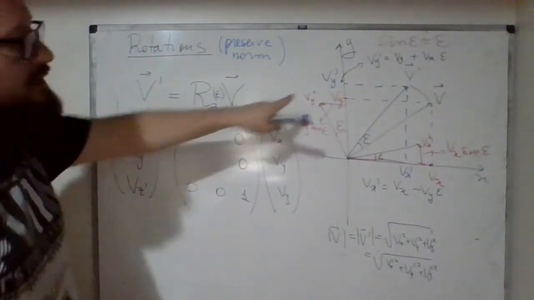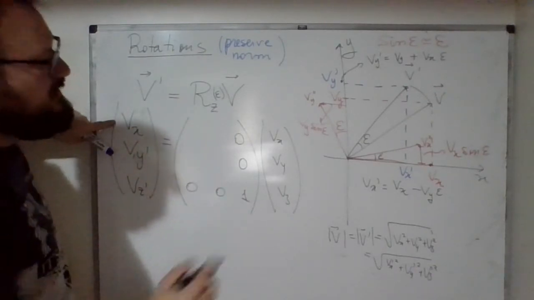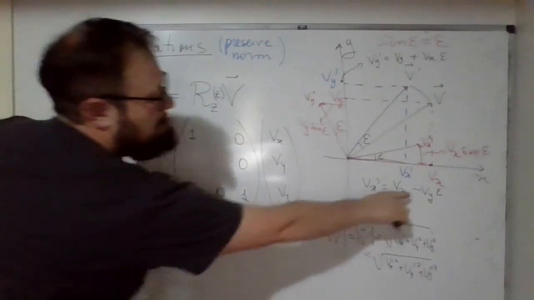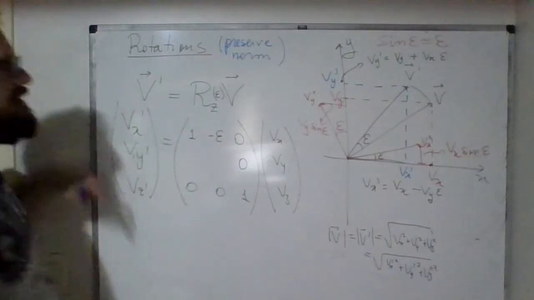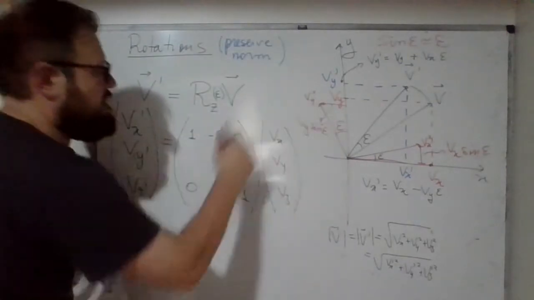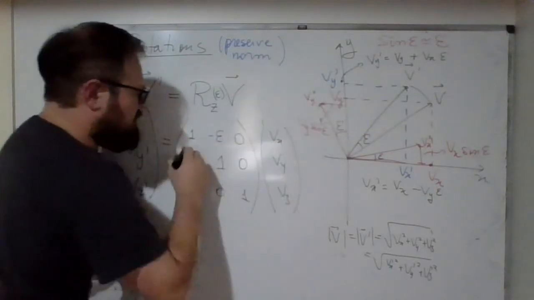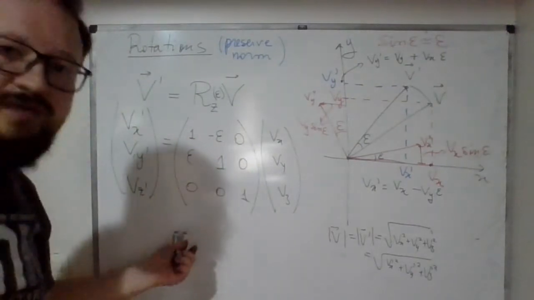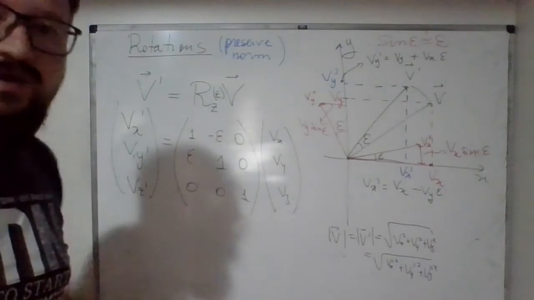And this we can rewrite as a matrix. Look, the Vx primed is just 1 times Vx, okay, minus epsilon times Vy. And for the y component primed, we have 1 times the original Vy, plus epsilon times Vx. All right, so this is the rotation matrix we are talking about, a z rotation matrix.